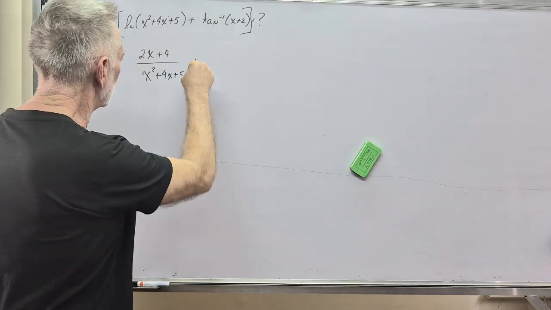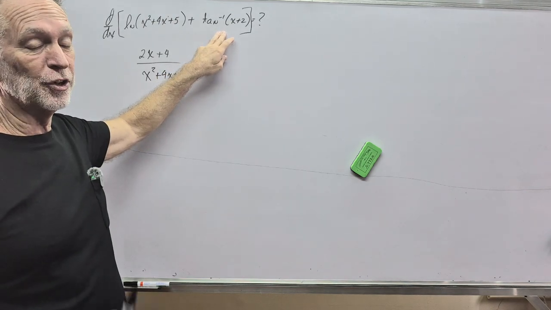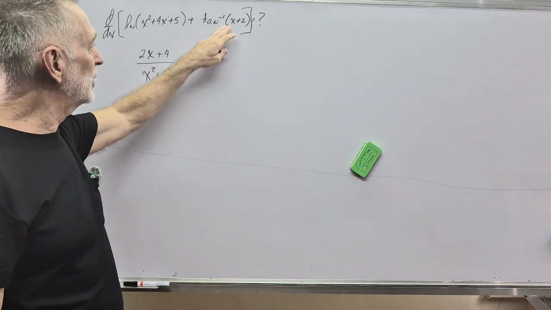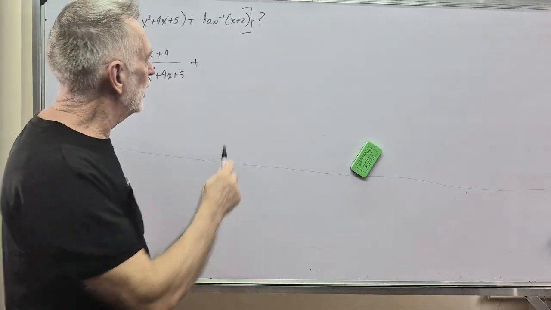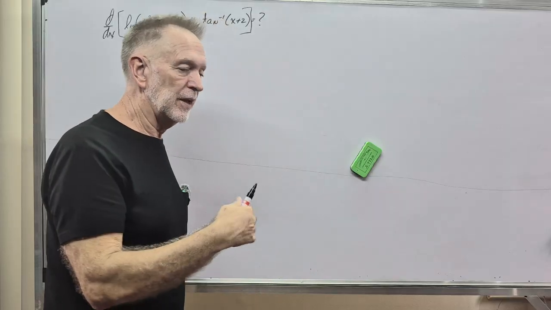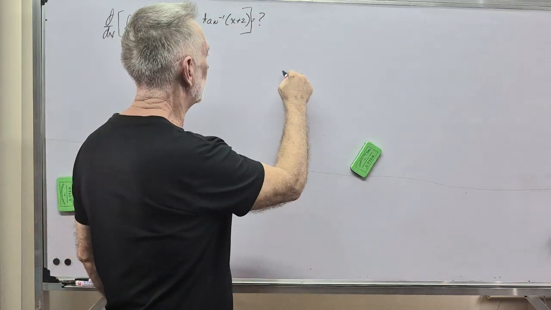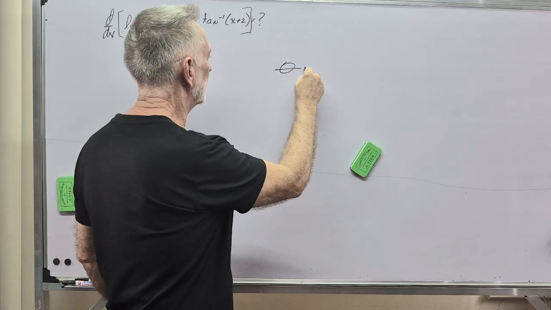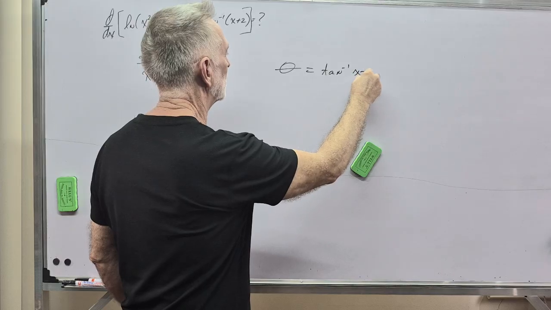Now, what are we going to do with this guy? We're trying to take the derivative of tangent inverse of x plus 2. Now, we know the inverse in your trig, if you're looking at this, we know that theta equals tangent inverse of x plus 2.